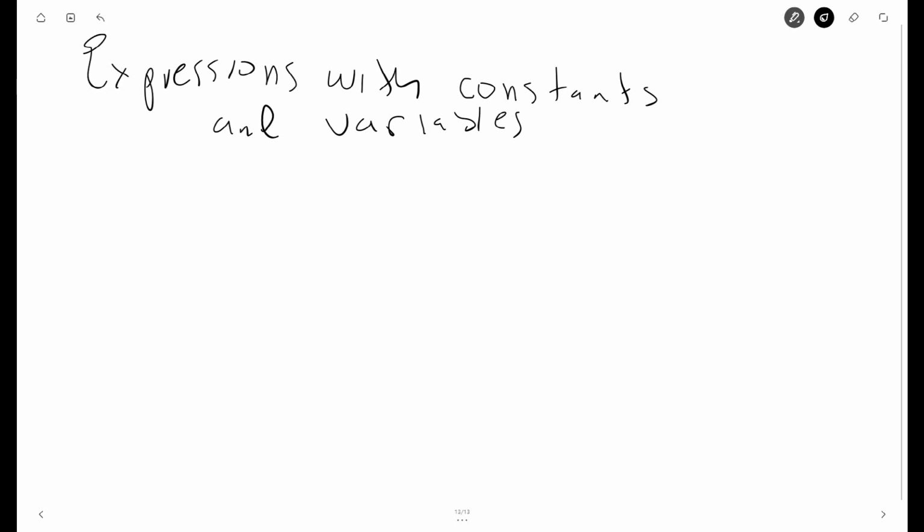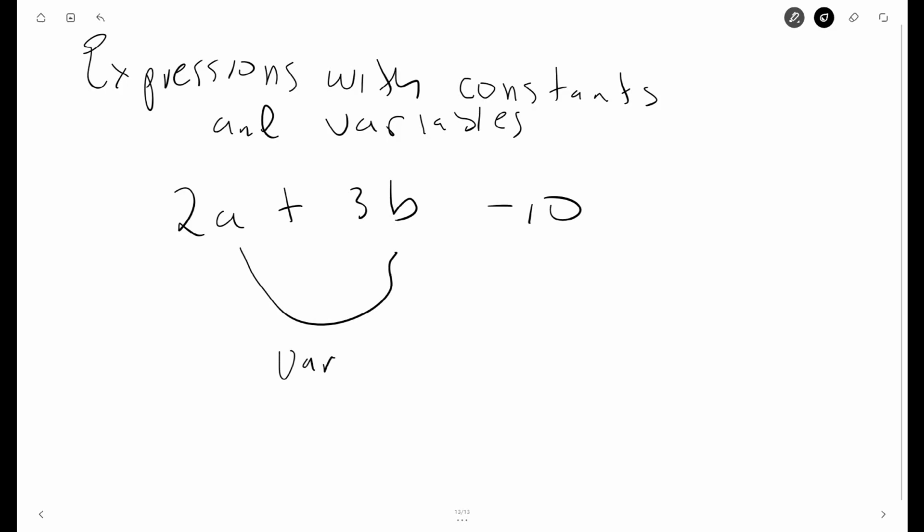So expressions with constants and variables look as follows. You have something like 2a plus 3b minus 10. Here these two are variables, and this here is the constant.